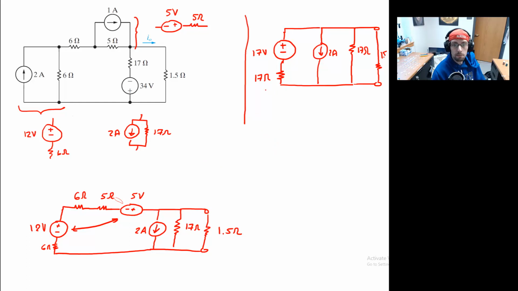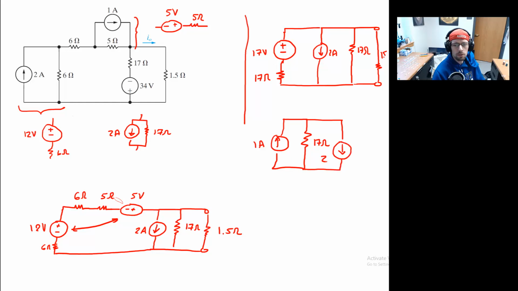And that's because, conveniently enough, 17 and 17. That gives us a 1 amp supply going up in parallel with a 17 ohm resistor, in parallel with a 2 amp supply.